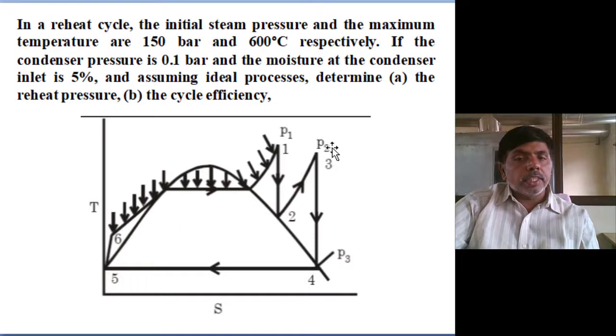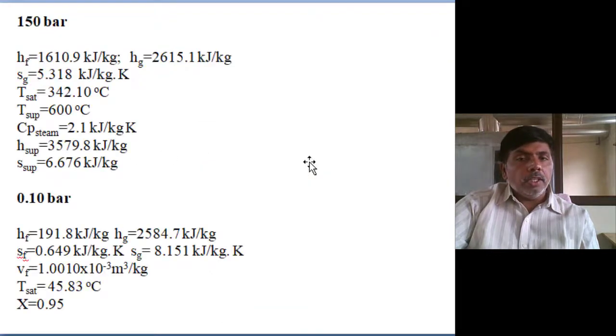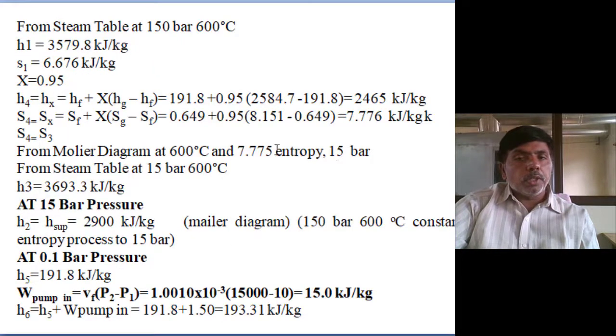H3 value you can extract directly from the intersection point in the Mollier diagram, or since the pressure is the same, and the temperature we already assumed, reheat also goes up to the superheated temperature. So 15 bar and 600 degrees temperature determine the H3 value. Once you know the intersection pressure, the H2 value we want to extract.